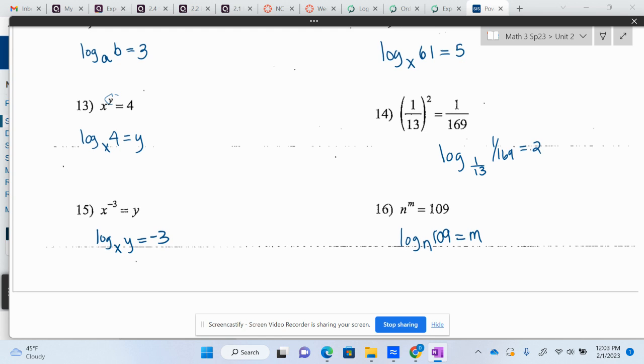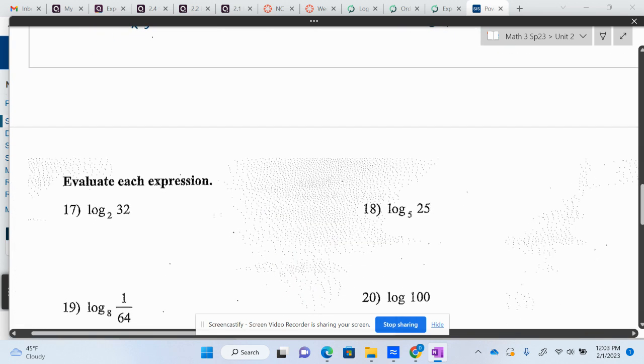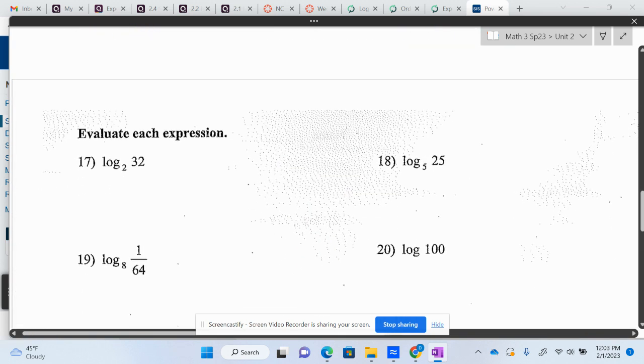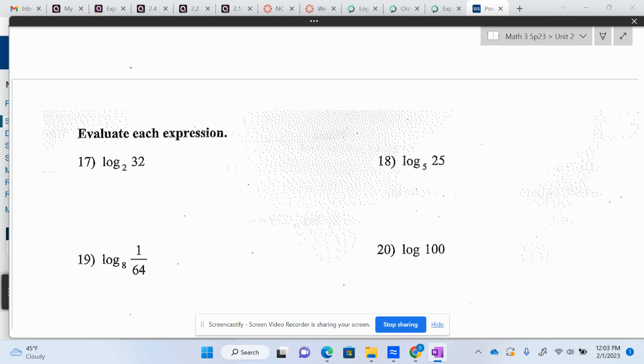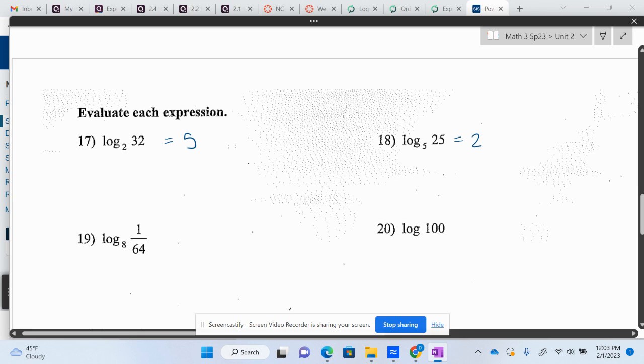Okay. So now we're going to do some evaluating. You can use your calculator. However, you should be able to do this with your eyes closed, especially if you have your power chart. 2 to what power equals 32? 5. 5 to what power equals 25? 8 to what power equals 1/64? -2.